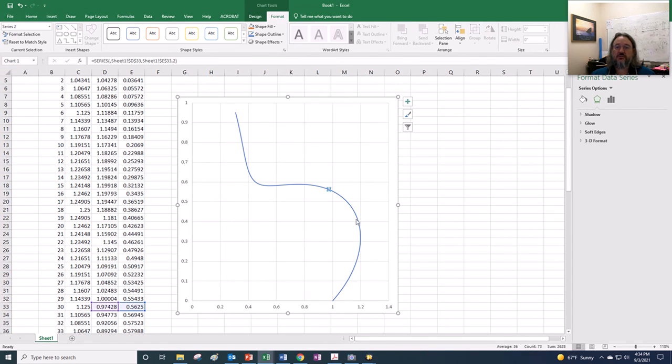There's that point. I'm going to try to figure out what the radius of curvature is going to be. I didn't like the answer I got. I got only 0.359, something like that.